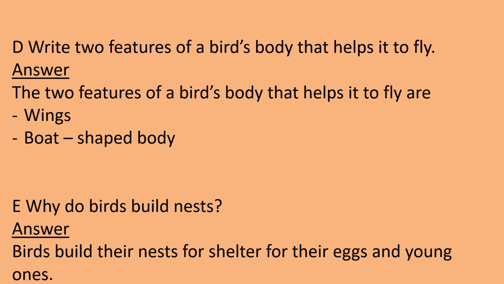The wings of the birds help them to fly. The wings are attached to the body with the help of muscles. These muscles help the wings to move, and the streamlined or boat-shaped body of the birds helps them to fly through the air easily.